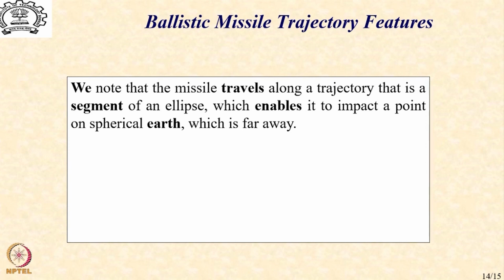It is generally found that the best possible trajectory that such a missile can take is a segment of an ellipse which provides the impact point directly from geometric relations of the ellipse.